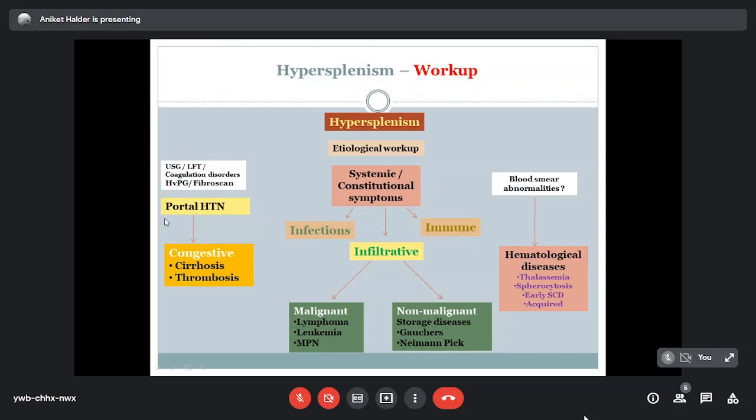If there is portal hypertension, the hypersplenism is mainly congestive and it can be due to cirrhosis or thrombosis of the portal vein, the splenic vein, or the hepatic vein. If there are systemic or constitutional symptoms associated with cytopenias and splenomegaly, we have to look for infections.